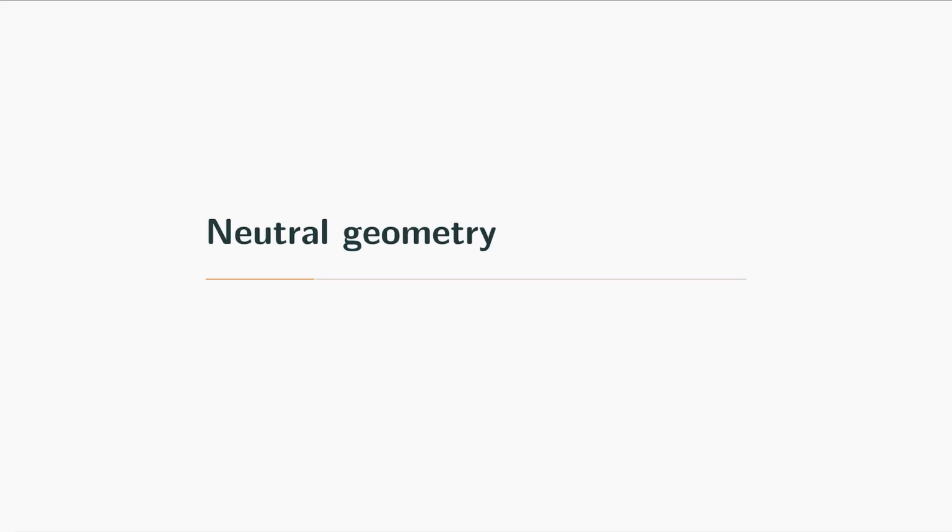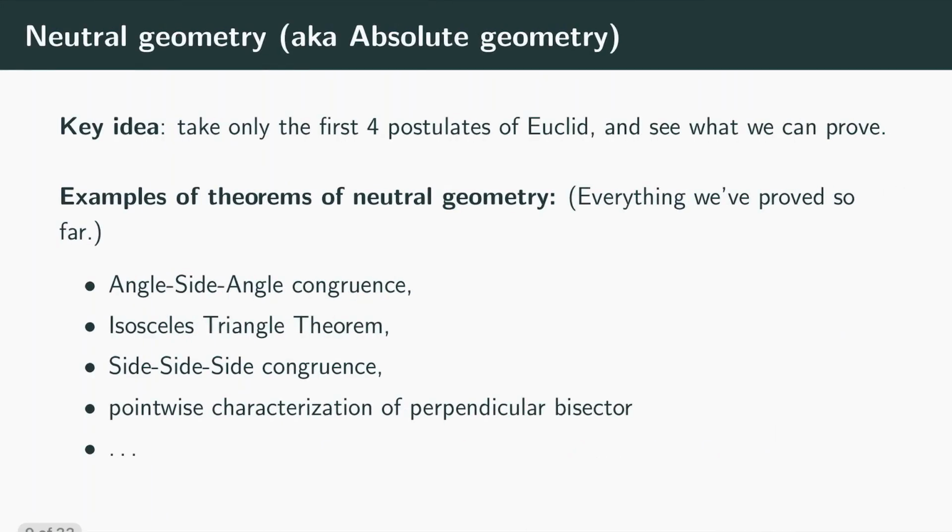One of the important ideas is the development of something called neutral geometry, where you make as many theorems as you can based only on those first 4 axioms of Euclid. Sometimes this neutral geometry is called absolute geometry, depending on the book or website you look at.